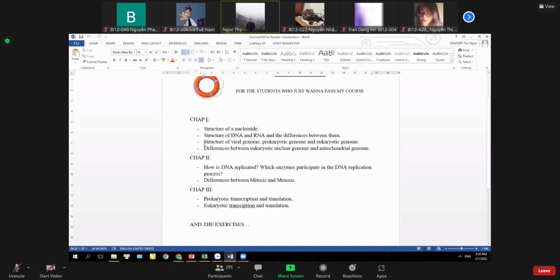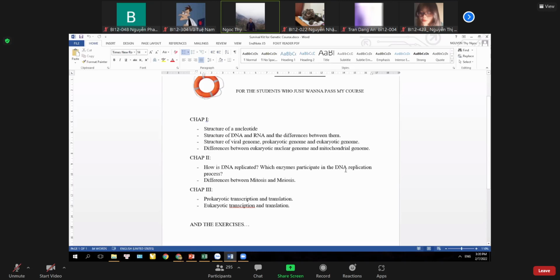The structure of the virus genome, prokaryotic genomes, and eukaryotic genomes, and the differences between those genomes. And what are the differences between the eukaryotic nuclear genome and the eukaryotic mitochondrial genome?